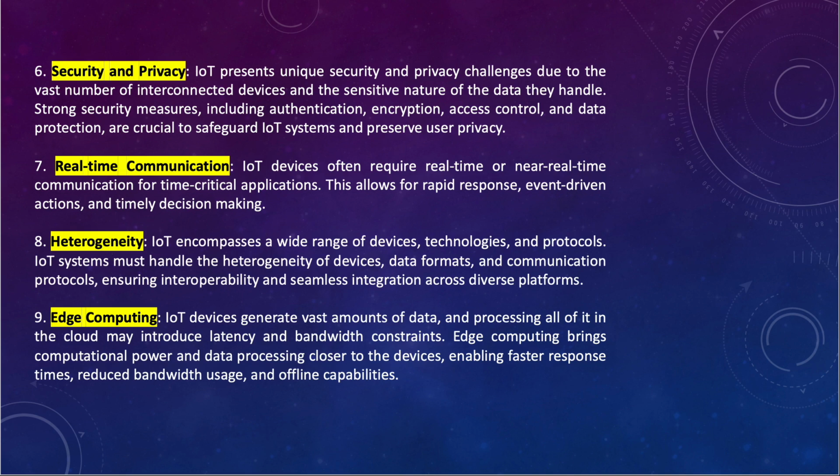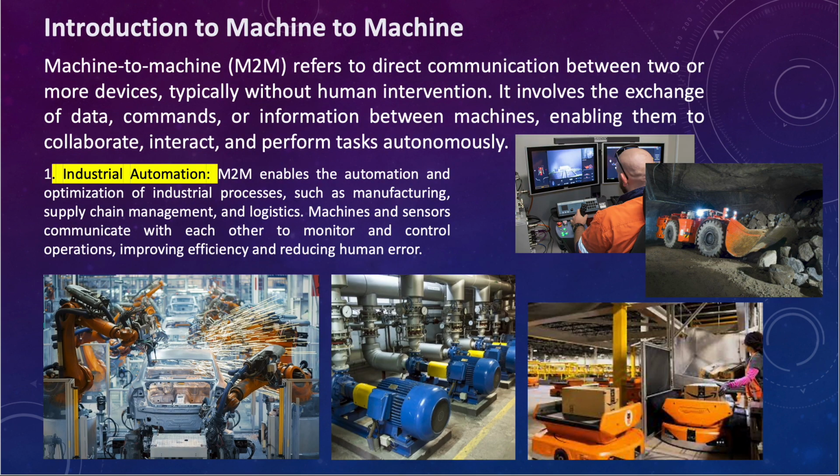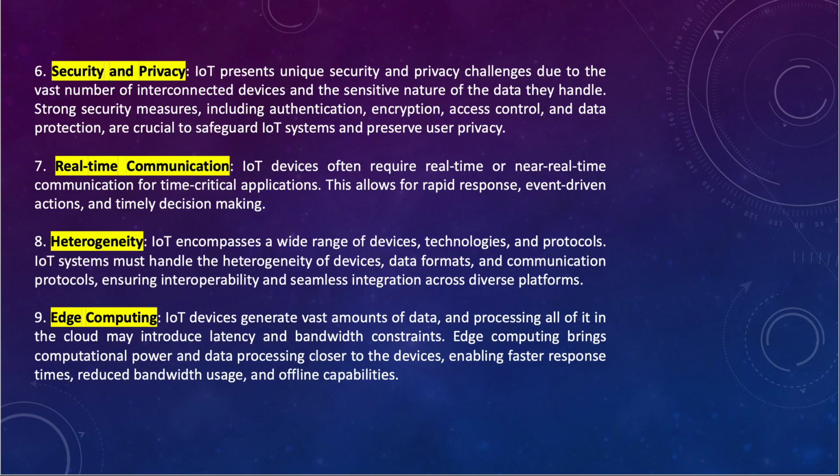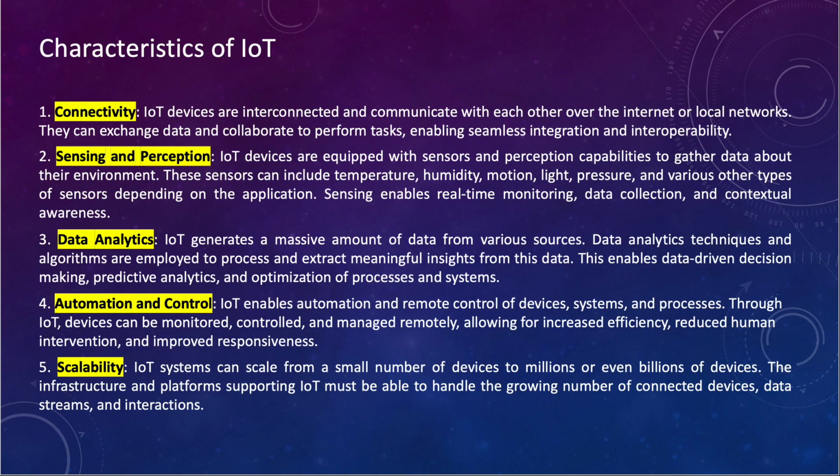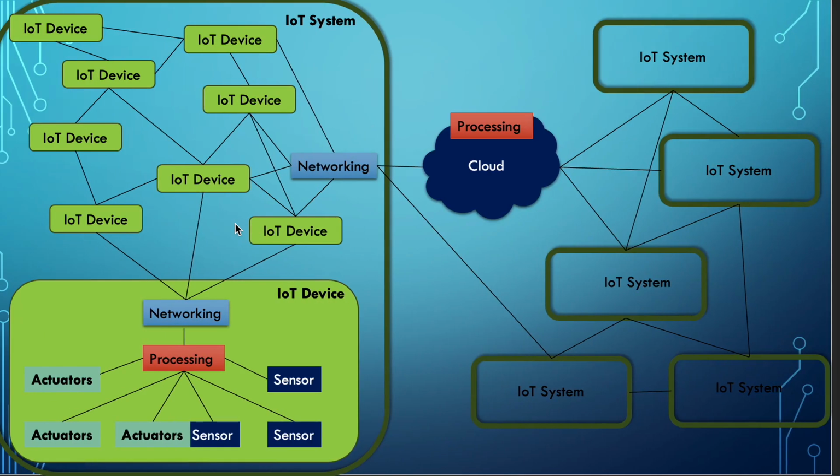Then we talked about machine to machine. Before going into machine to machine, I want to take your attention to a particular set of diagrams. This part is from the IoT course, where the goal is to build an embedded IoT device.